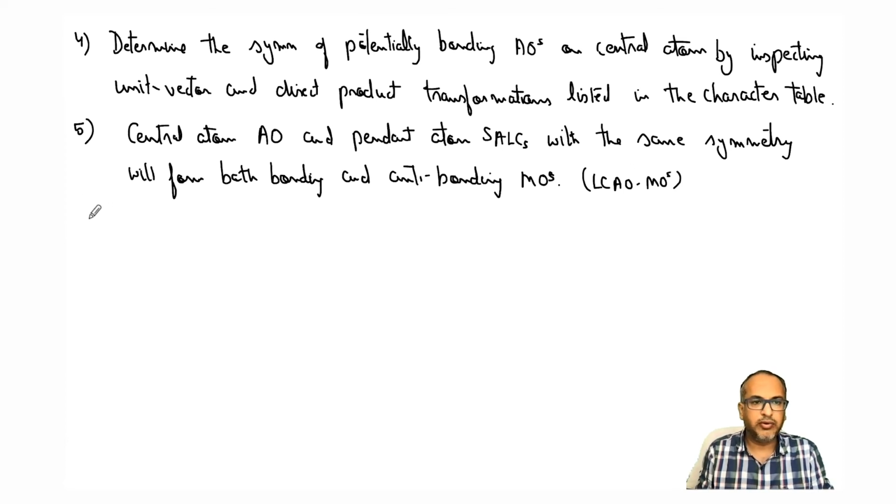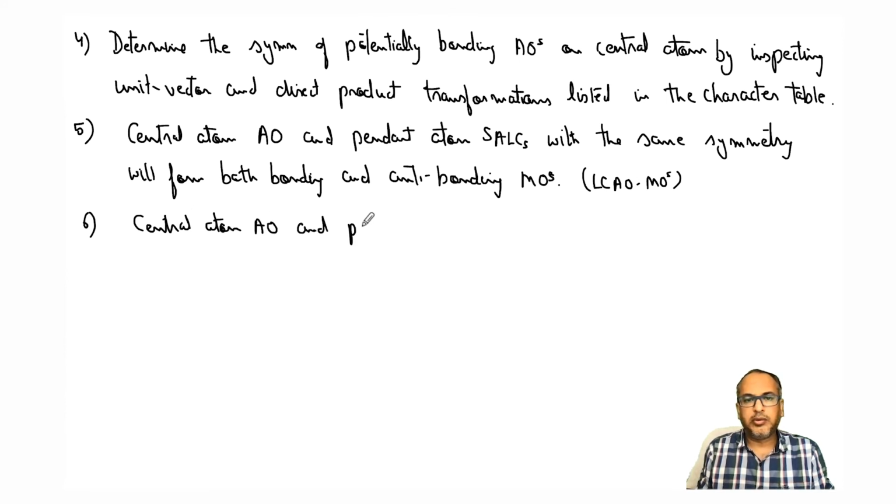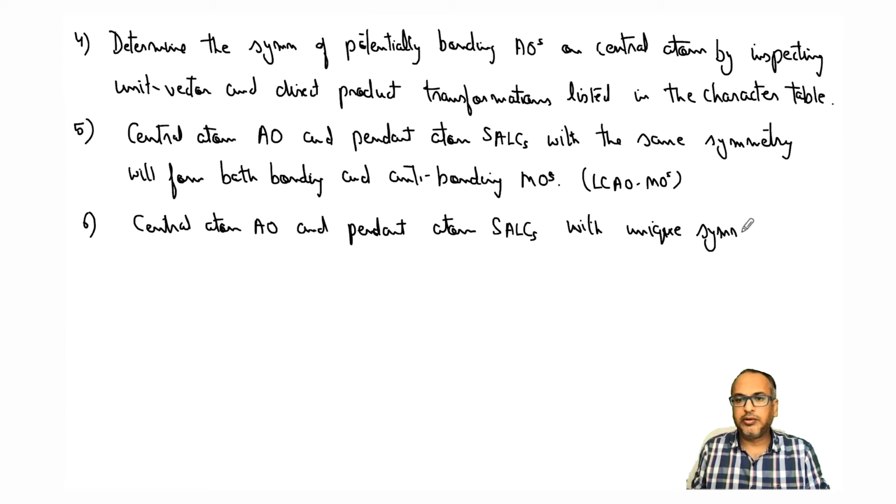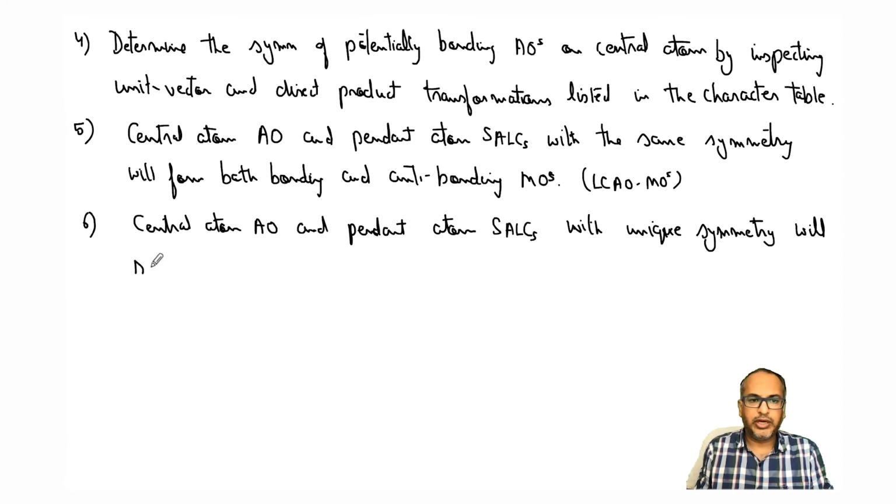There is no product involved here. Again, central atom atomic orbital and pendant atom SALCs with unique symmetry, let's say some of these cannot match, those with unique symmetry will remain as non-bonding. That is very obvious, right?